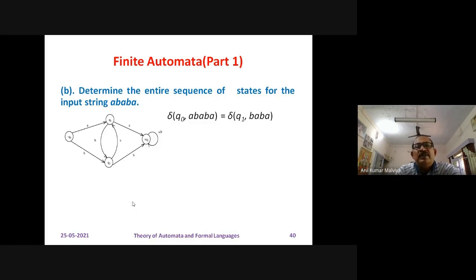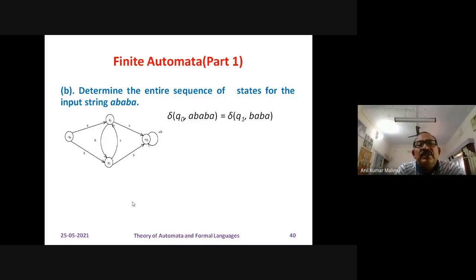To be determined, delta Q0 A, B, A, B, A. So there are two ways you can determine, with the help of the transition function or with the help of a transition diagram.